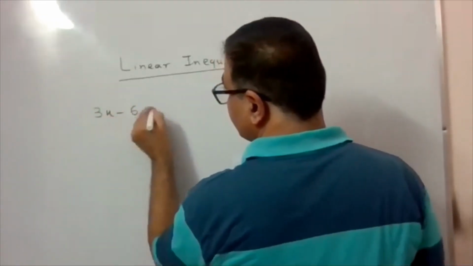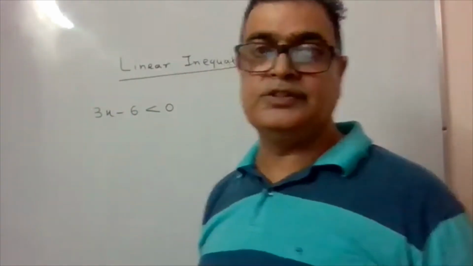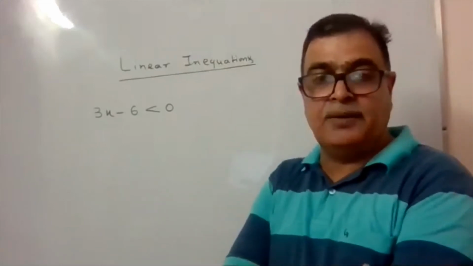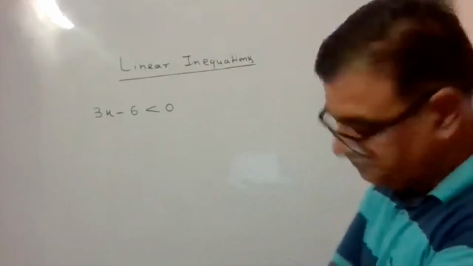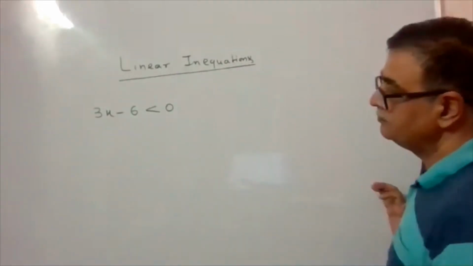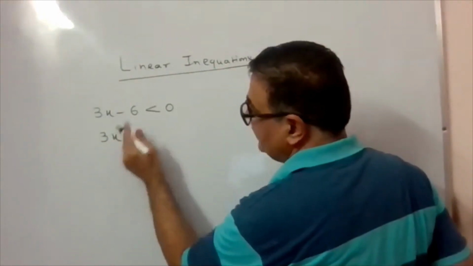3x minus 6 is less than 0. My question is, you should solve it. Sir, x belongs to minus infinity to 2, open interval. Yes. First we will write 3x minus 6.